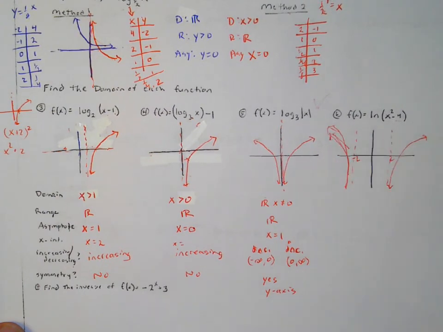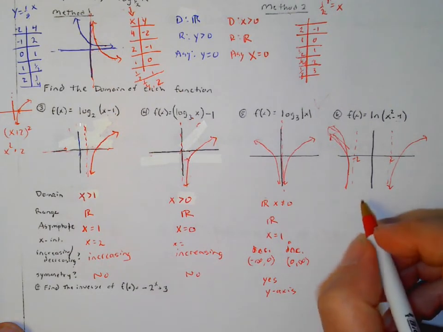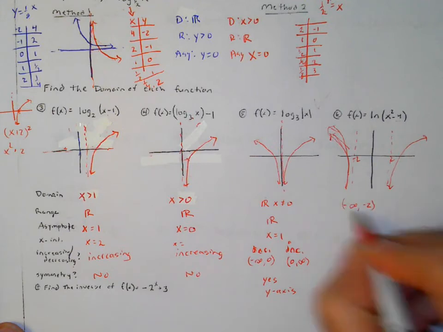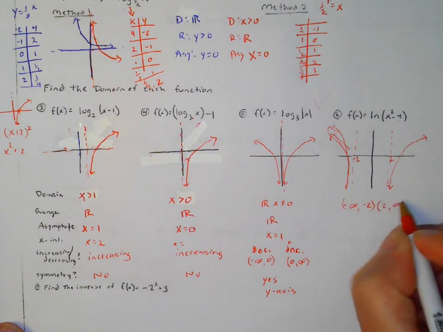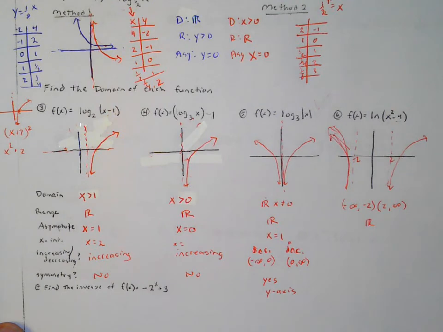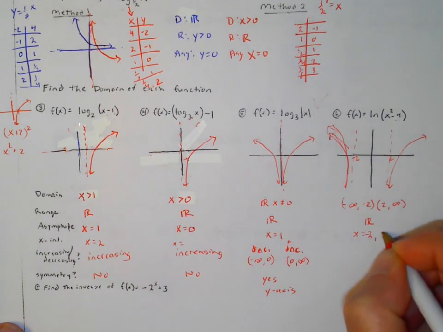So our domain is from negative infinity to negative 2, and then from 2 through infinity as well, so down here and up here. Our range goes up and down, so that's all real numbers. We have two asymptotes, at x equals negative 2 and 2.